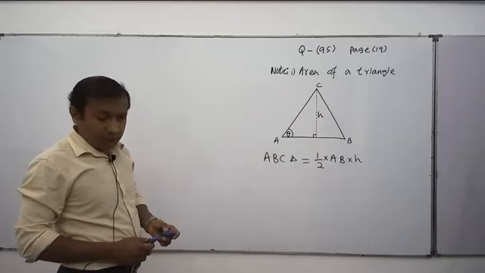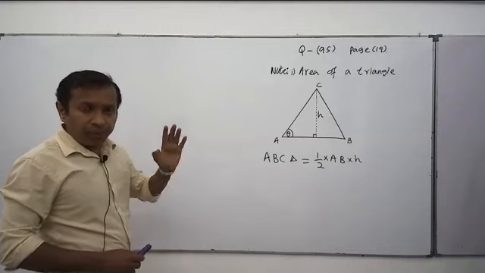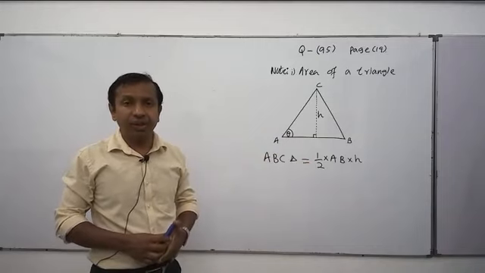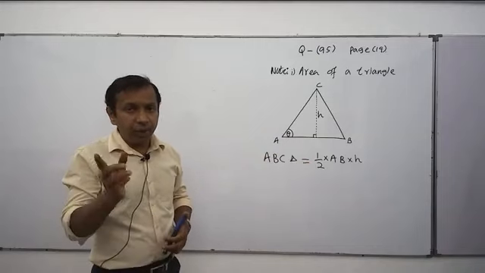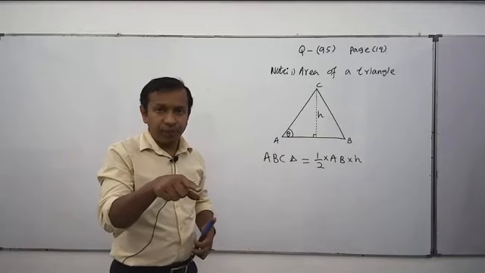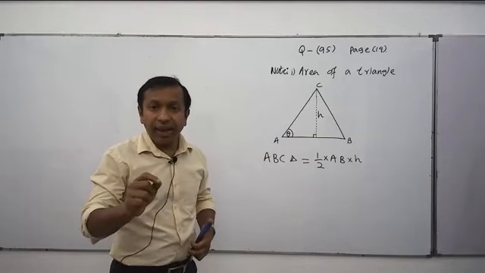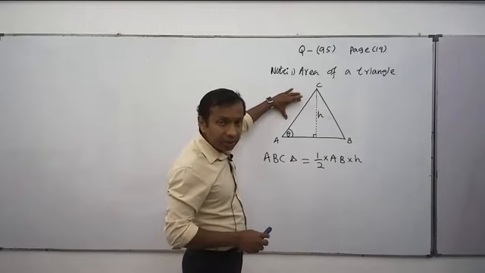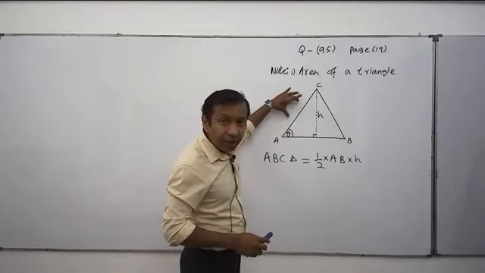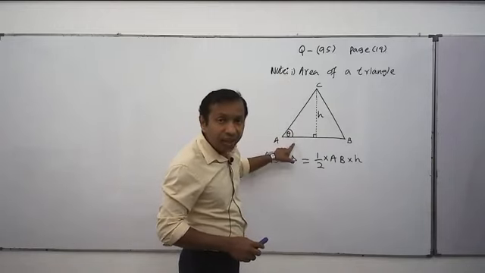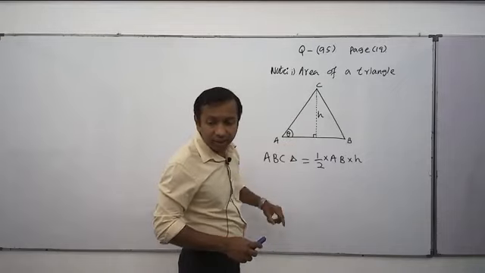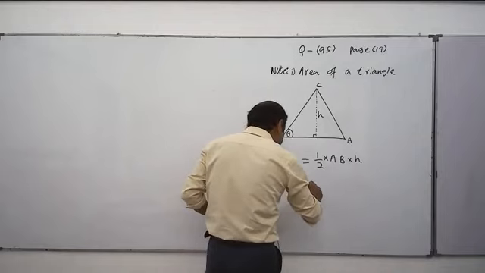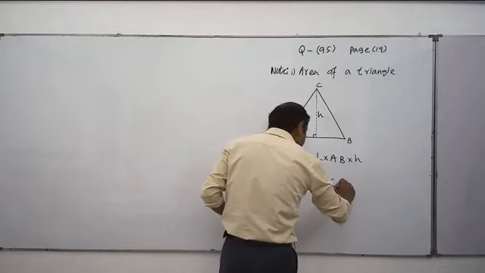That means in a right angle triangle, using the hypotenuse and angle, we know how to write the opposite side. Can somebody tell me how to write the opposite side using the hypotenuse and angle in the right angle triangle? Hypotenuse times sine of this angle theta. Understand? Yeah. Then you can write h equals AC sine theta.